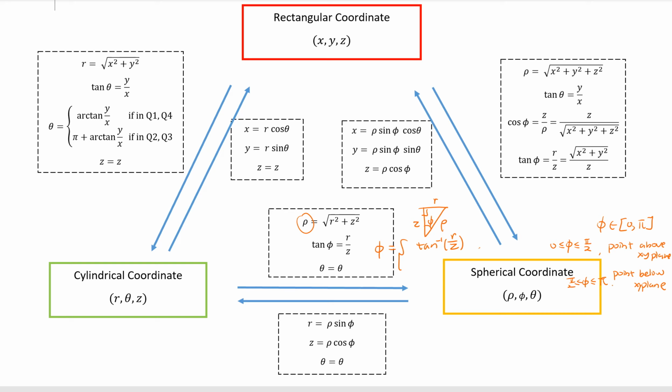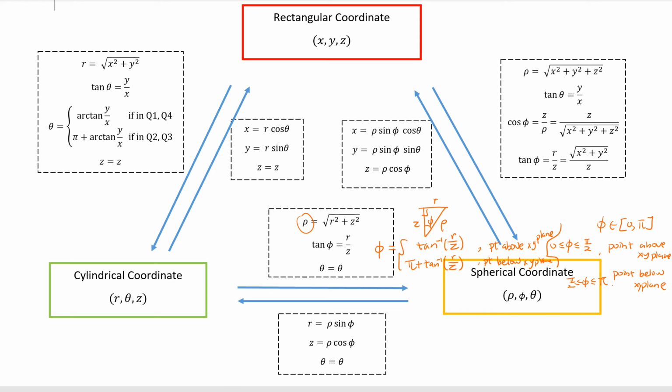So if the point is above the xy plane, we use arctangent of r over z. If the point is below the xy plane, then we should use pi plus arctangent of r over z.